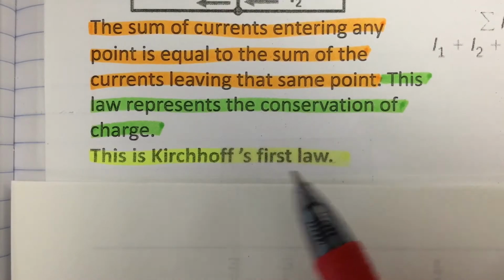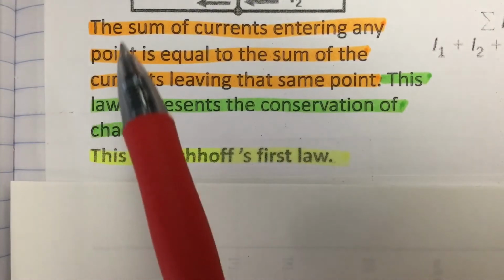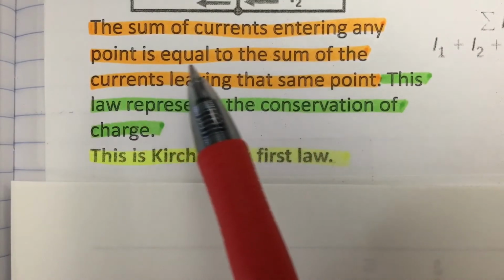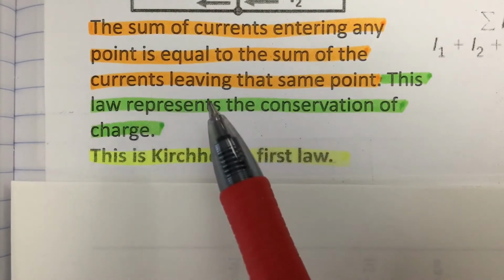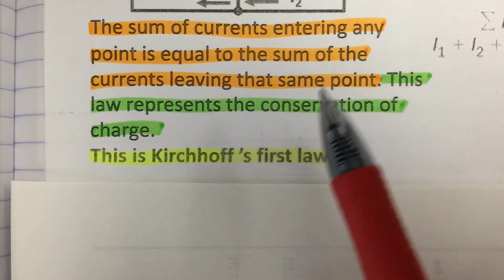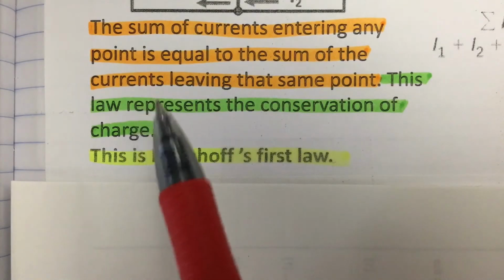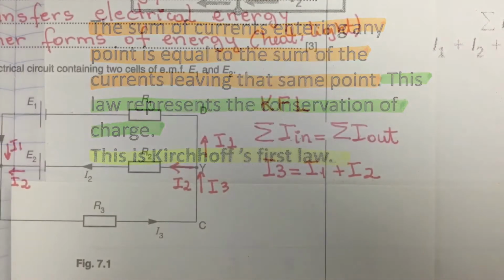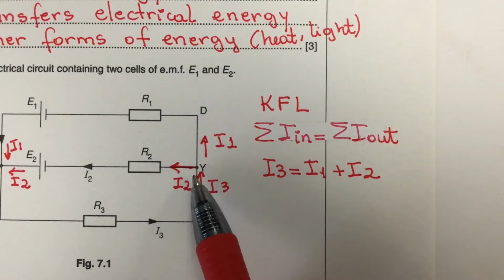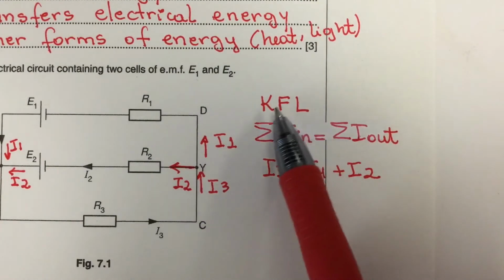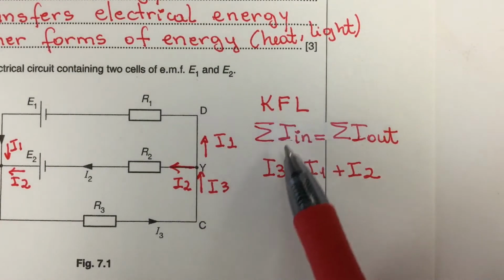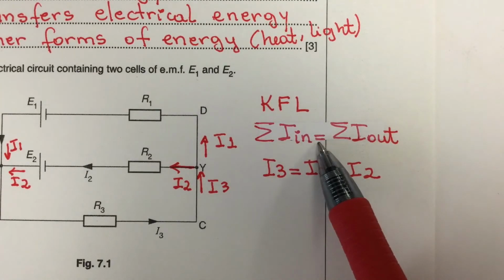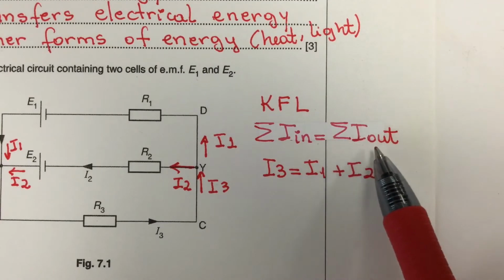Kirchhoff's first law states that the sum of all currents entering any point is equal to the sum of all currents leaving that same point. This law represents the conservation of charge. At this point Y, we apply Kirchhoff's first law: the sum of all currents in is equal to the sum of currents out.